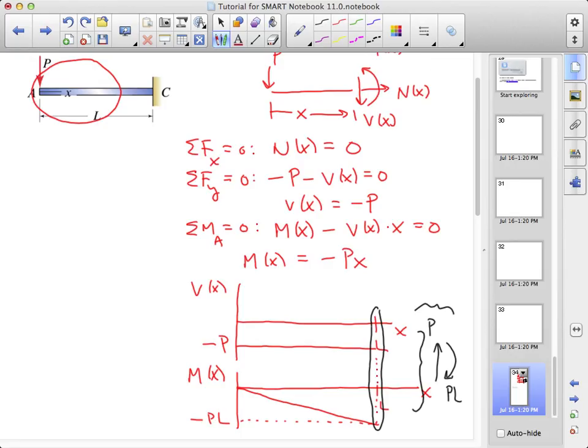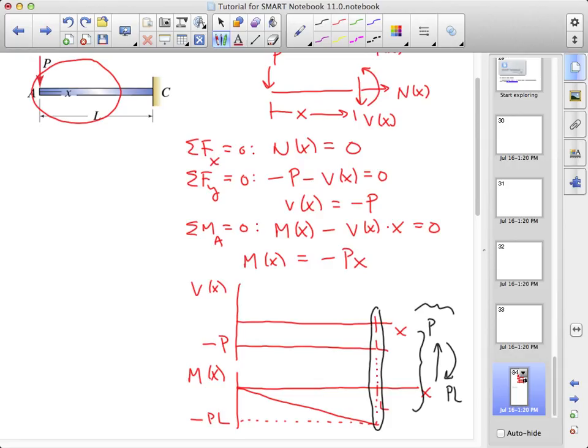Notice that given our sign conventions, our results for V and M at the end of the beam are completely consistent with those reactions. V is minus P, but V's sign convention is positive down, so a V of minus P is equivalent to a force up equal to P.